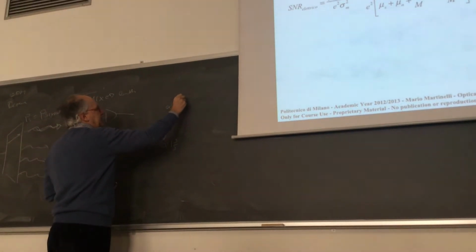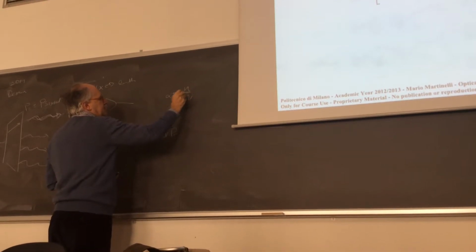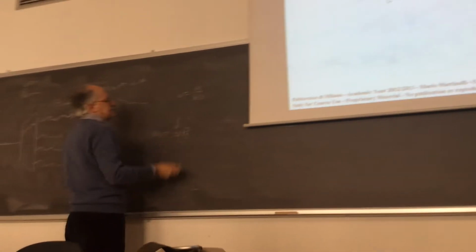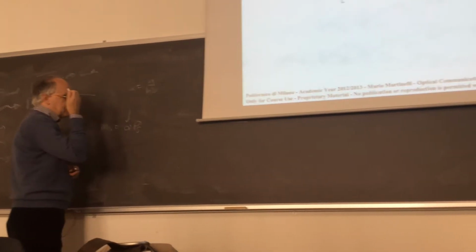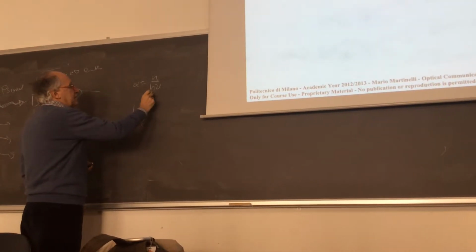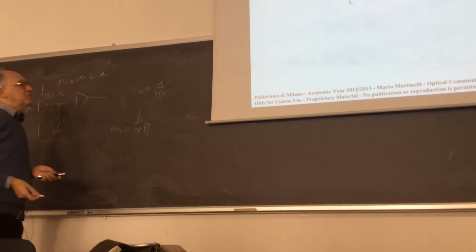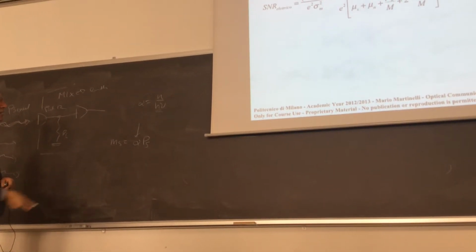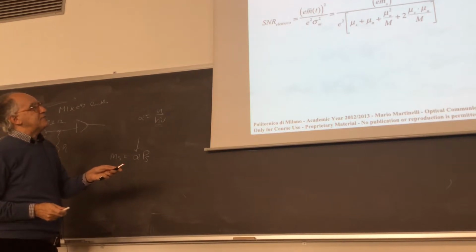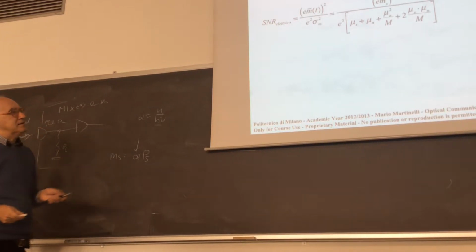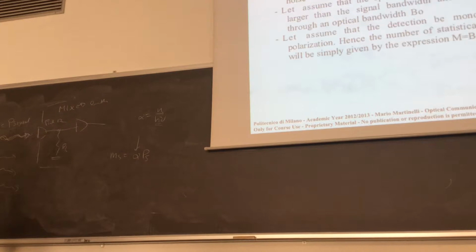That is, alpha is eta h nu, where eta is the photo counting efficiency, that is the quantum efficiency, and h nu is the energy of the photon. So Ms is alpha Ps. So this one is alpha Ps A squared, okay?